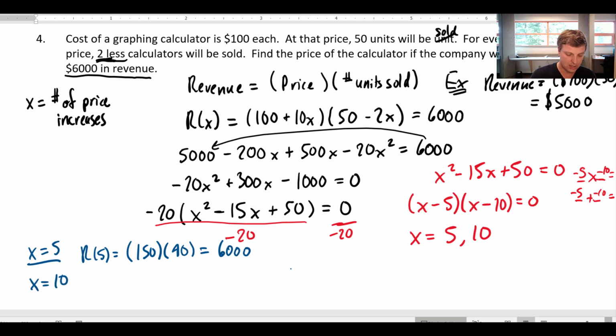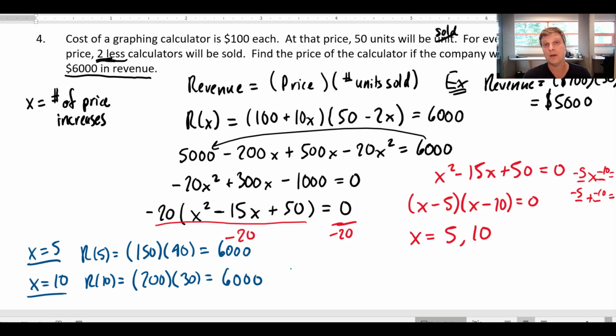Now x equals 10. What is R of 10? Well, 100 plus 10 times 10 would be 200, multiplied by 50 minus 2 times 10. 2 times 10 would be 20, so that would be 30. And 200 times 30 is also 6,000. So both of those actually are solutions.